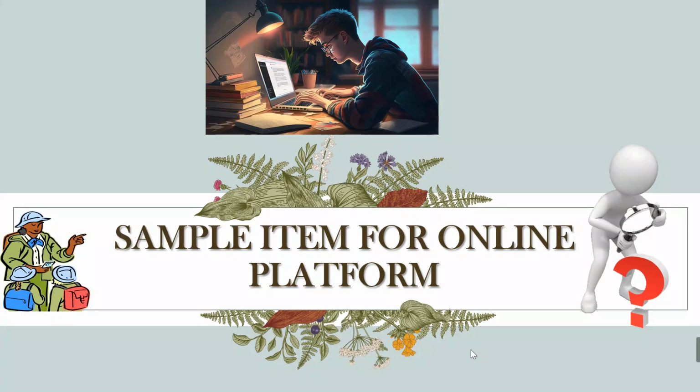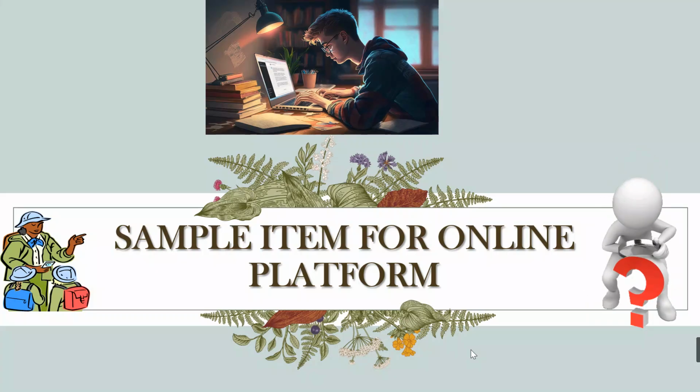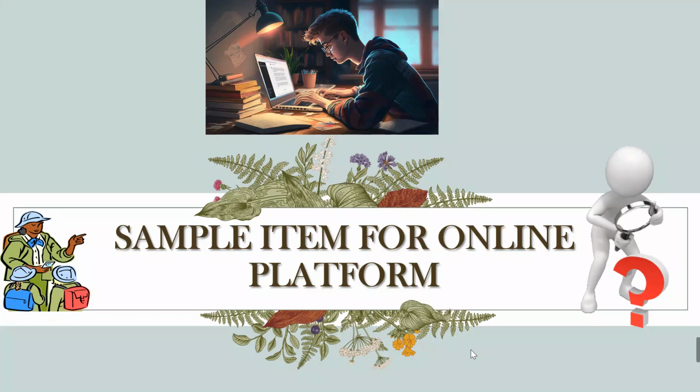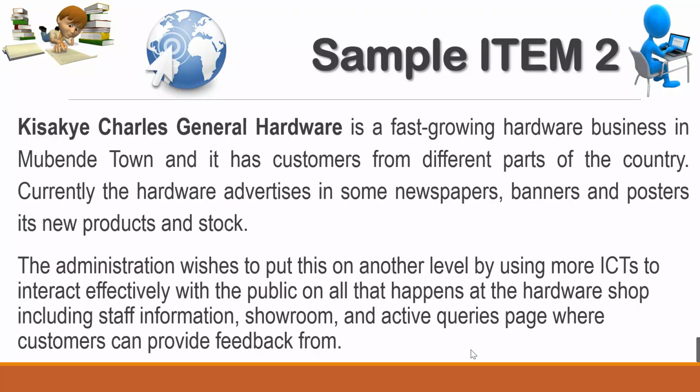Now, I want us to have a sample item for an online platform. Kisakye Charles General Hardware is a fast-growing hardware business in Mubende Town, and it has customers from different parts of the country. Currently, the hardware advertises in some newspapers, banners, and posters its new products and stock.